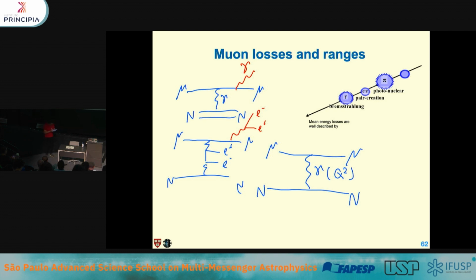So this is really a quark-like exchange. Okay, so we have Brem, we have pair production, and then we have photonuclear interactions. Interestingly, these photonuclear interactions are controlled by the same, or similar, structure functions as those that control neutrino-nucleus interactions.